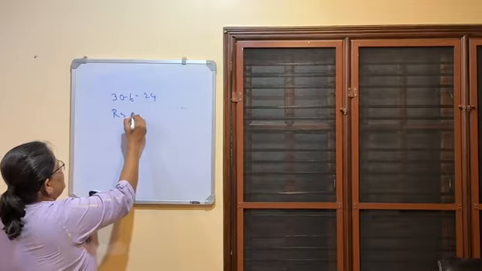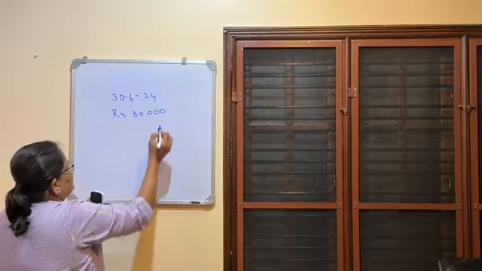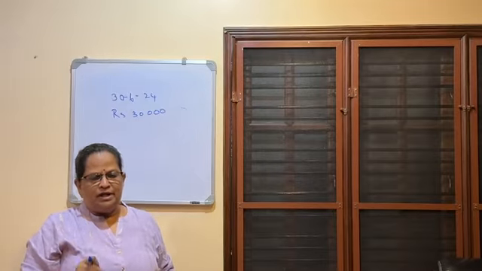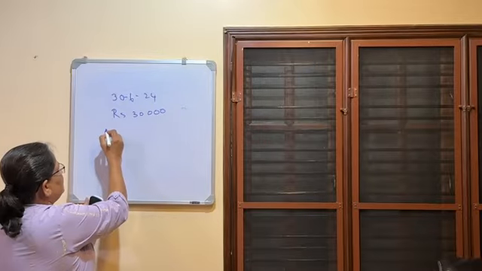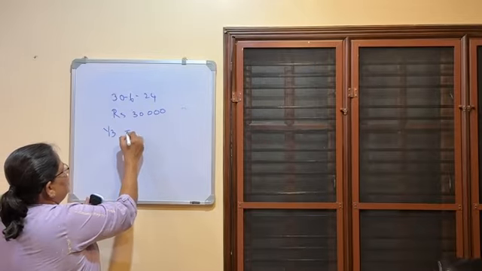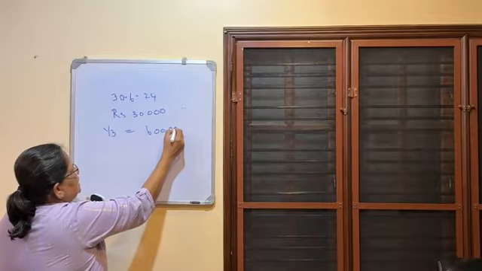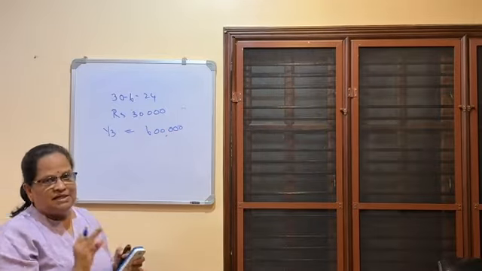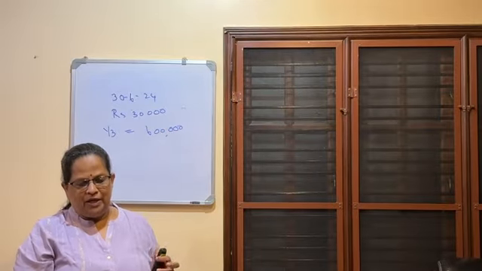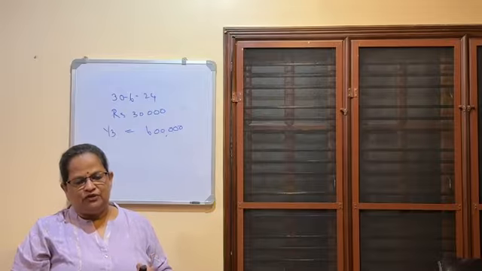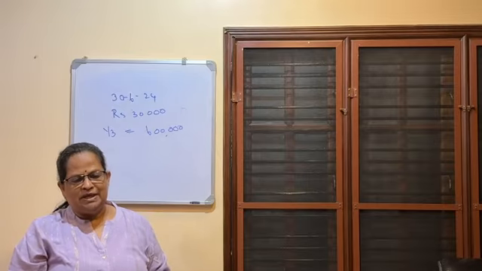His actual pension is 30,000. He got 1/3 of his pension commuted, and he got a lump sum amount of 6 lakhs. He is a government sector employee, so 6 lakhs is fully exempted. That is one thing. His pension is payable on the 1st of the next month. So what will be his taxable salary?